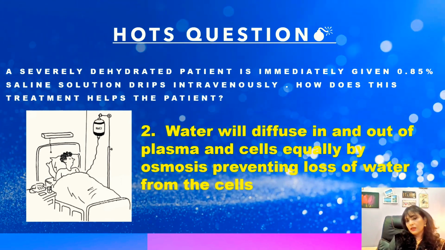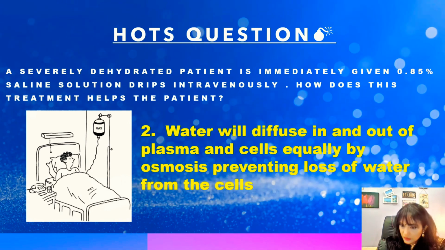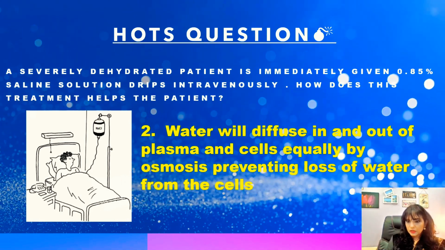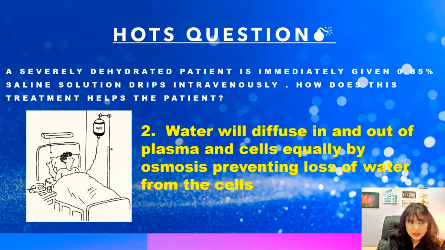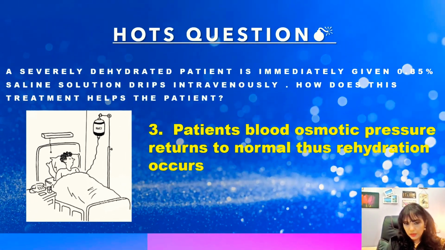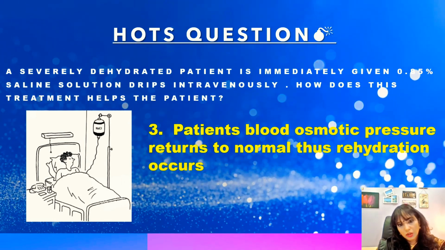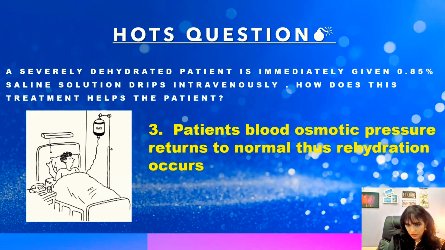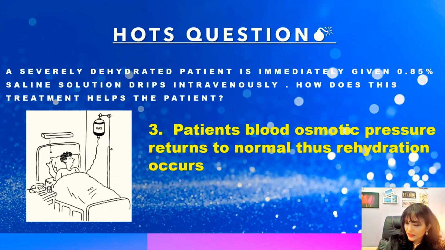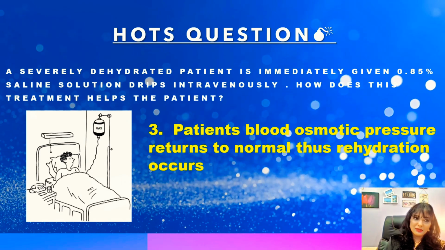Instead of going out into the blood plasma, the water movement is going to become equal. That is why we need to do this, to treat this patient. So what will be the final consequence to this patient? The patient's blood osmotic pressure will return to normal, thus rehydration occurs, because initially he was dehydrated. So everybody is happy. Oh, what a beautiful ending.